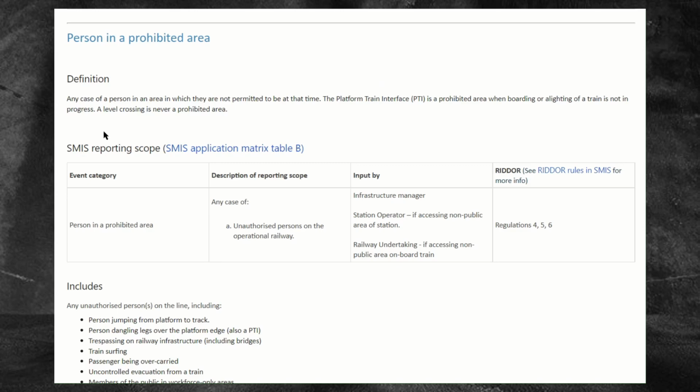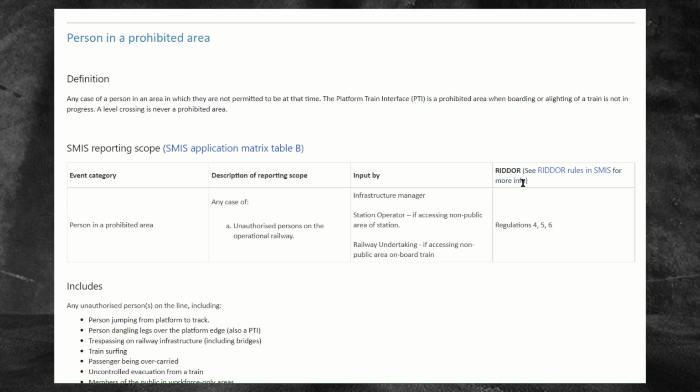Next, we have details of the SMIS reporting scope, which is an excerpt from Table B of the SMIS application matrix. So you've got the event category, description of the reporting scope, and who the events should be entered in SMIS by. Here it can be entered by the infrastructure manager, by the station operator if someone is accessing non-public areas of stations, or even the railway undertaking if someone is accessing a non-public area on board a train.